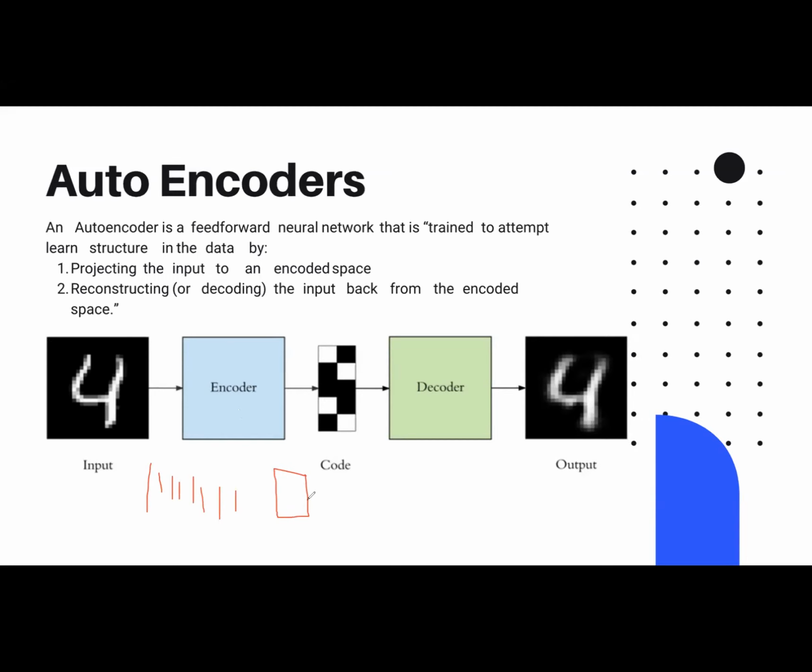Why? Just because we defined it that way. If you want, you can take the output of the fourth layer as the code. All of them are potential codes, but the best code to use is usually the one that comes after the last fully connected layer.